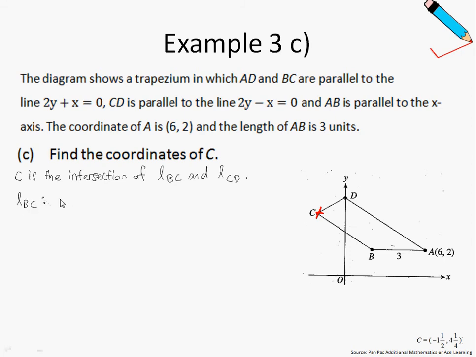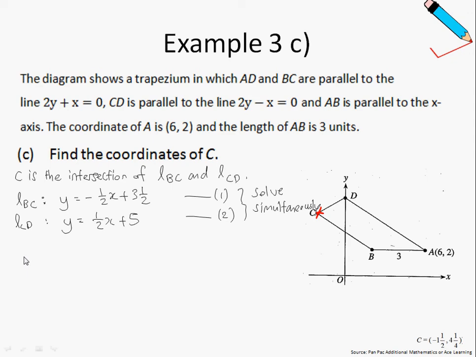So let me write down lines BC, which we have gotten in example 3b, as well as line CD, so it's easier to solve. We'll be solving equation 1 and equation 2 simultaneously.